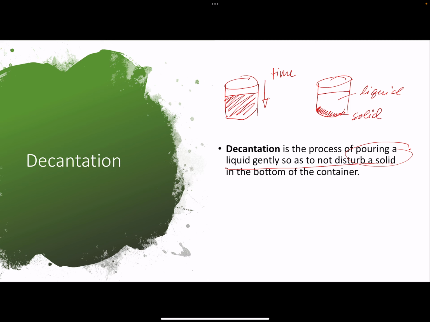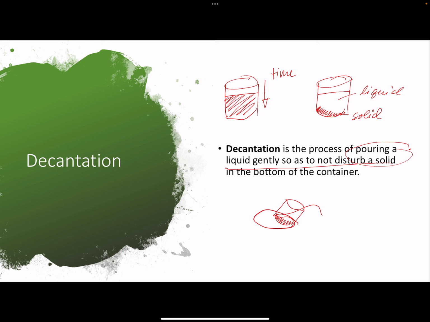After the solid settles at the bottom of your container, you can then gently pour the liquid out of the container to produce the separate constituents.